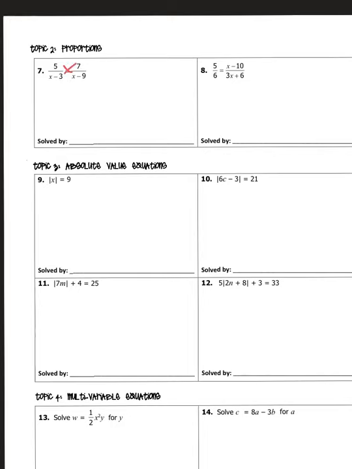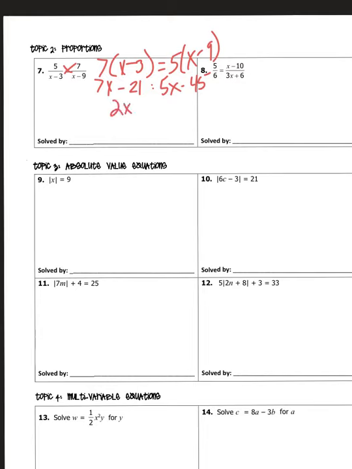So this would look like 7 times x minus 3 equals 5 times x minus 9. Okay? And then we would distribute: 7x minus 21 equals 5x minus 45. Get the variable on one side, subtract 5x from both sides.